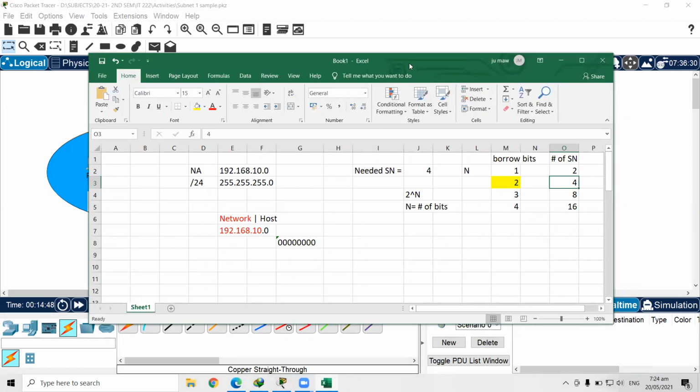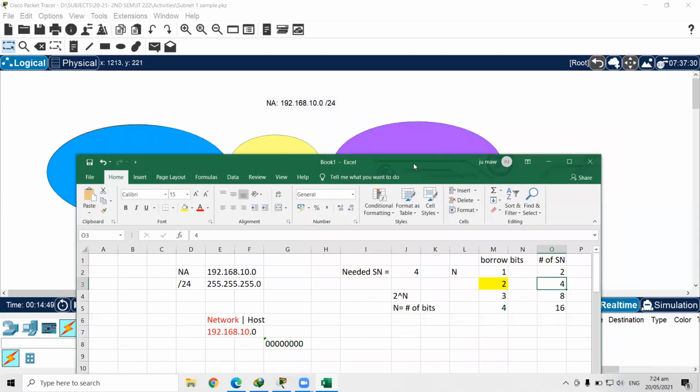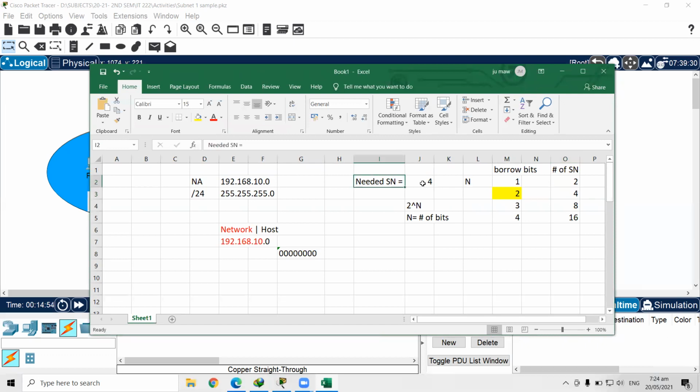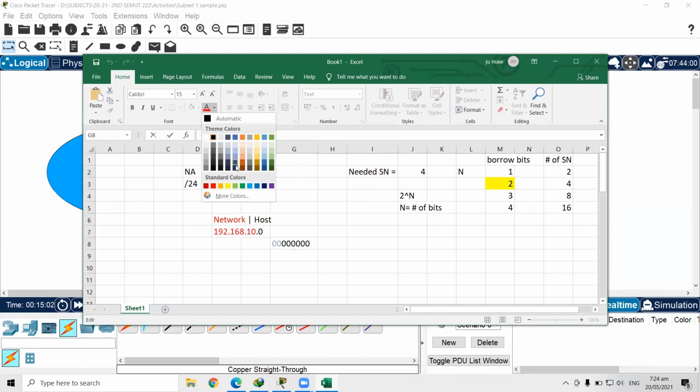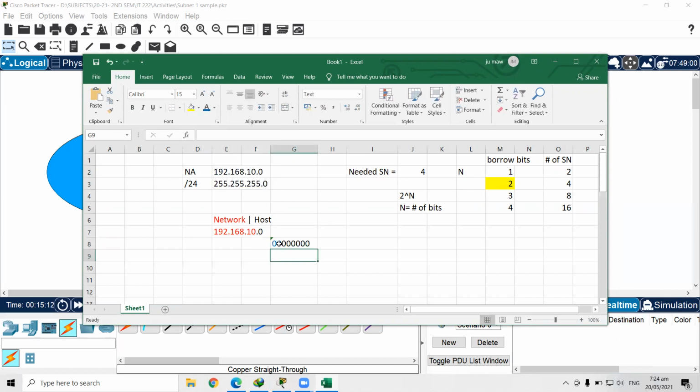Since ang required is number of subnets, ito, subnets needed, so therefore, 2. So yung blue ngayon, yan yung magiging subnet.